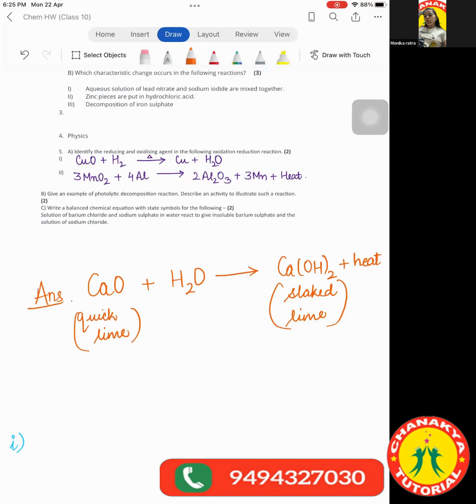Then the next question was, what characteristic change occurs? Now you people can answer. Second, first part: when aqueous solutions of lead nitrate and sodium iodide are mixed together, what do you observe? Formation of a yellow precipitate. Yes, you had to write formation of yellow precipitate of PbI2.